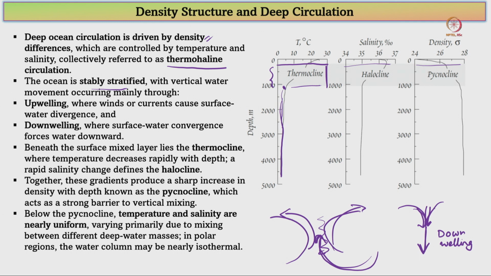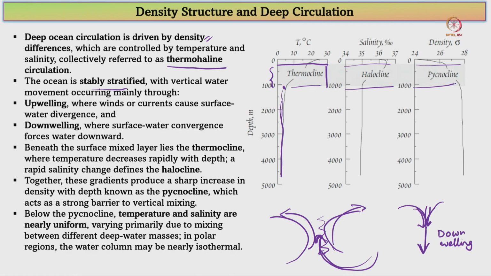Same thing where the salinity is rapidly changing, that layer is called the halocline. Then, just because density is related to salinity and temperature, the layer where density is also rapidly changing is called the pycnocline.